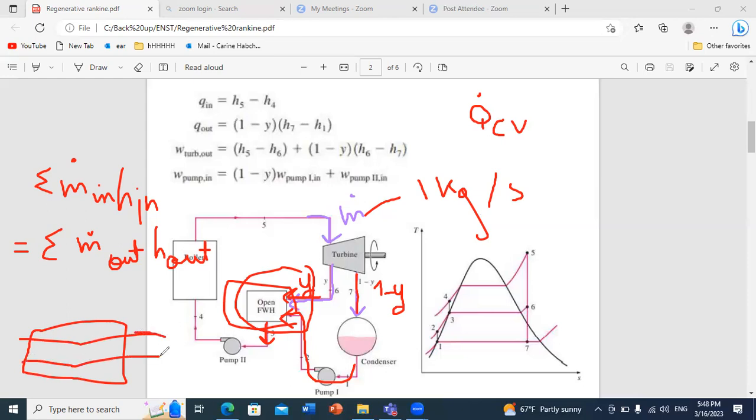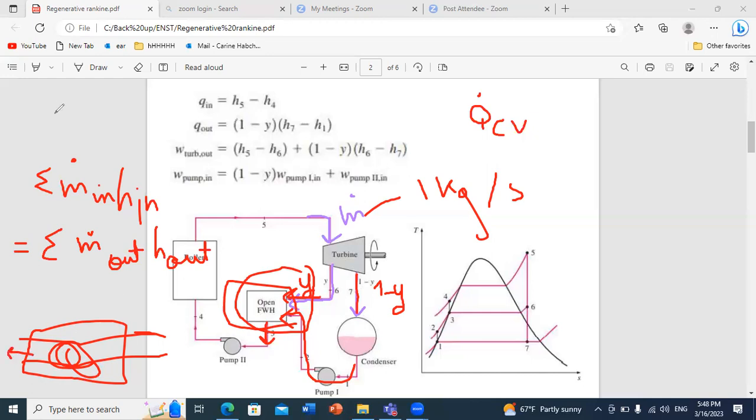Here you have two inlets and one outlet, and you are mixing your fluid so that it can exit at a certain new final temperature. When we say open feed water heater, it's an open chamber where you mix these two flows to have just one outlet at the end.